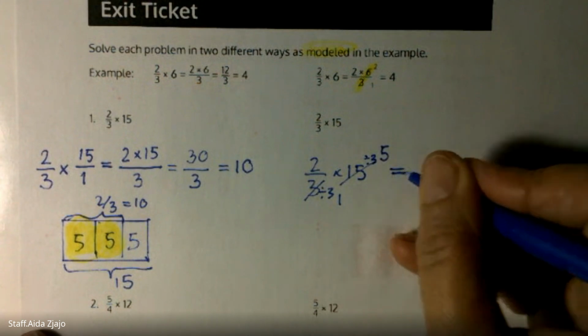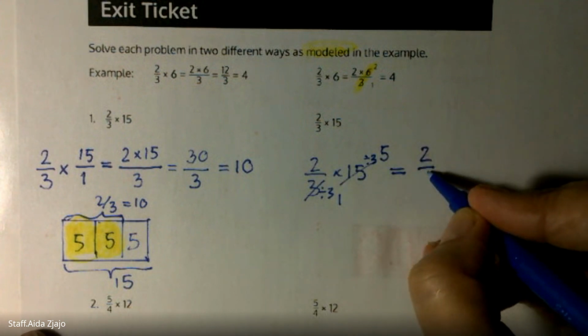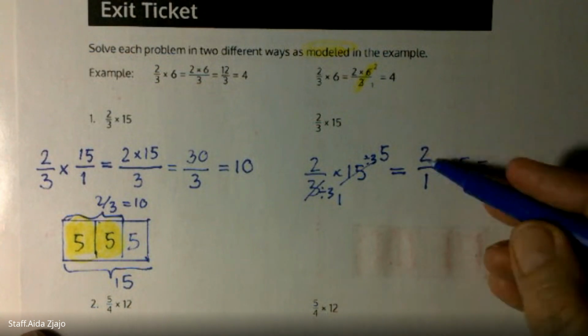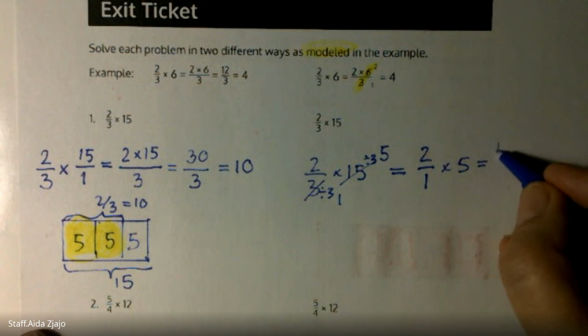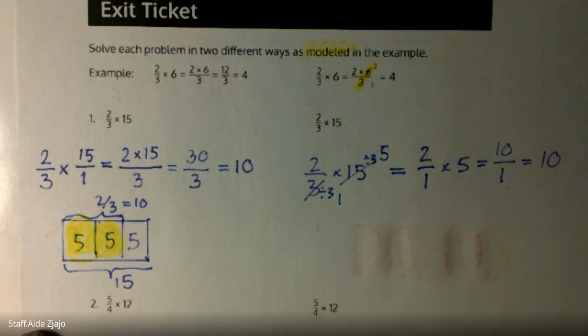So my problem will change right away. I will have 2 ones times 5, which gives me 2 times 5 is 10. 10 ones equals 10. That's the short version.